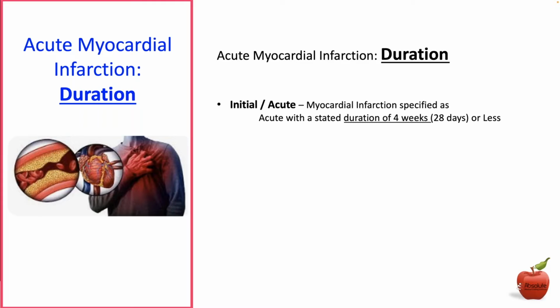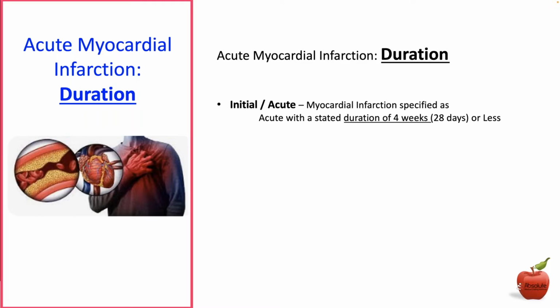If a person has an initial acute infarction, and then they have another one, as long as the first infarction took place within a period of 4 weeks, specifically not more than 28 days, so 28 days or less.